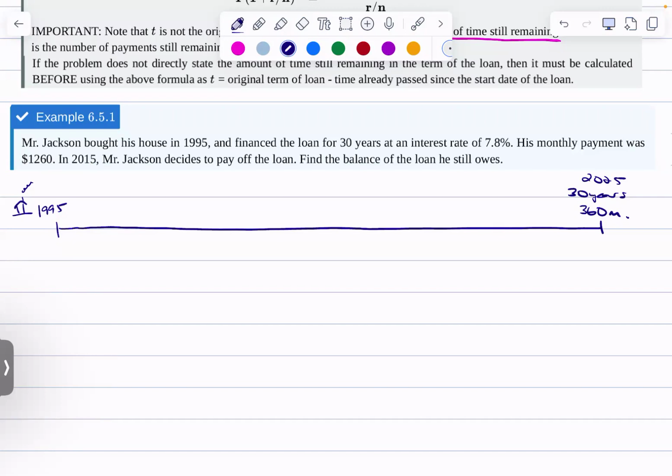But at some point here in 2015, he decides, scrap it. I'm just going to pay this off. So here at 1 month, 2 months, and so on. In 2015, he's been paying it off for 20 years. Holy smokes. Crazy. So 20 years times 12 is 240 months.